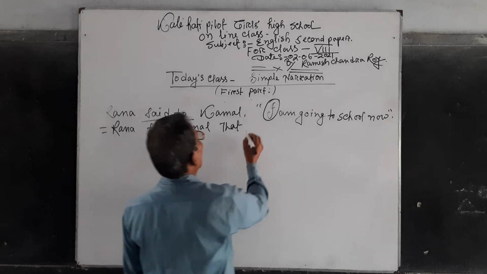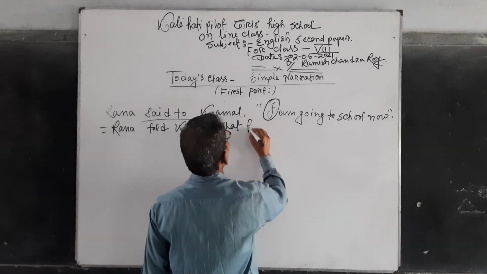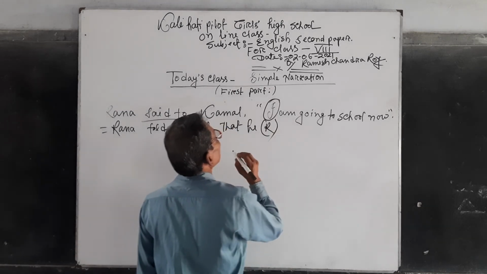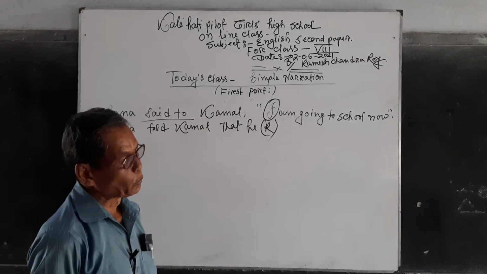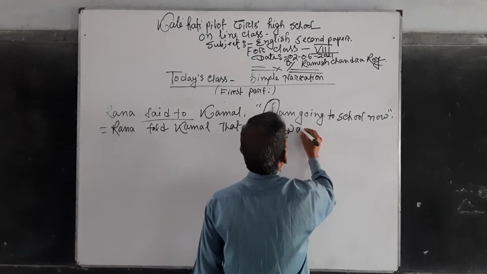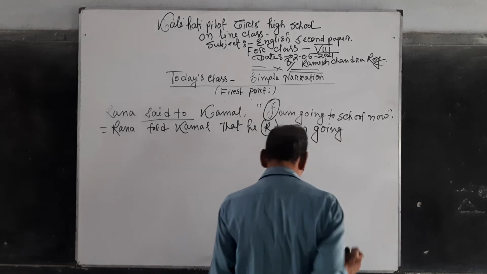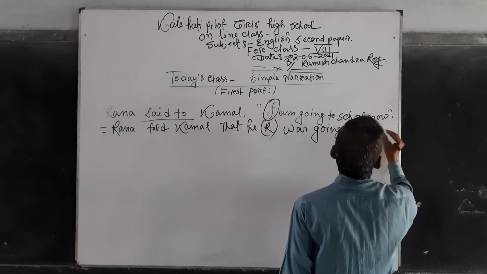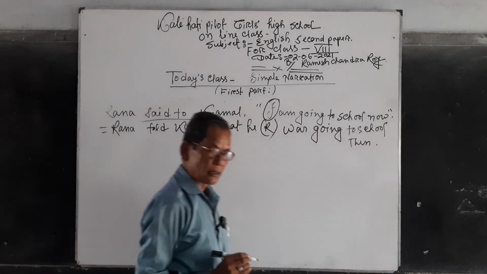That is why here Rana's pronoun is he. It is present continuous, but now we shall have to make it past continuous. Am will be was going to school, now changes into then. Okay?